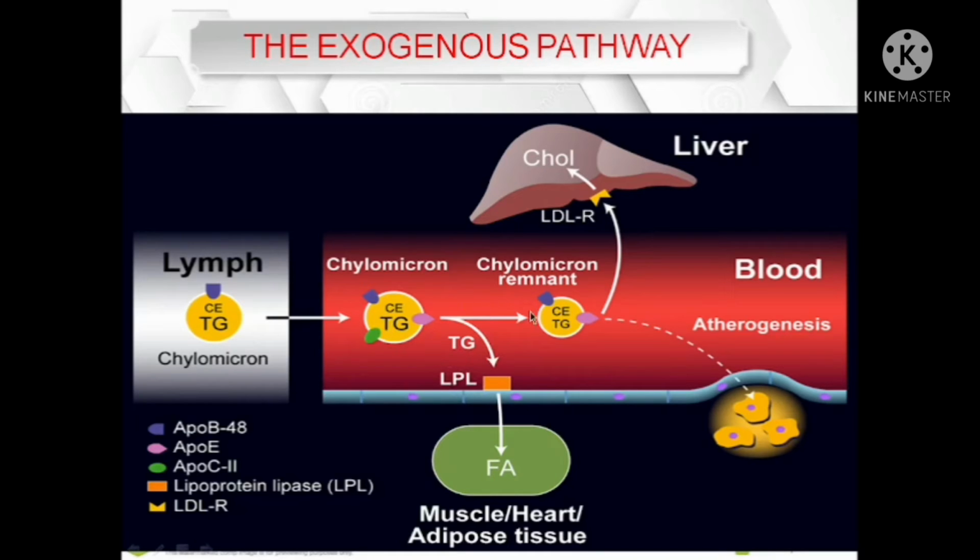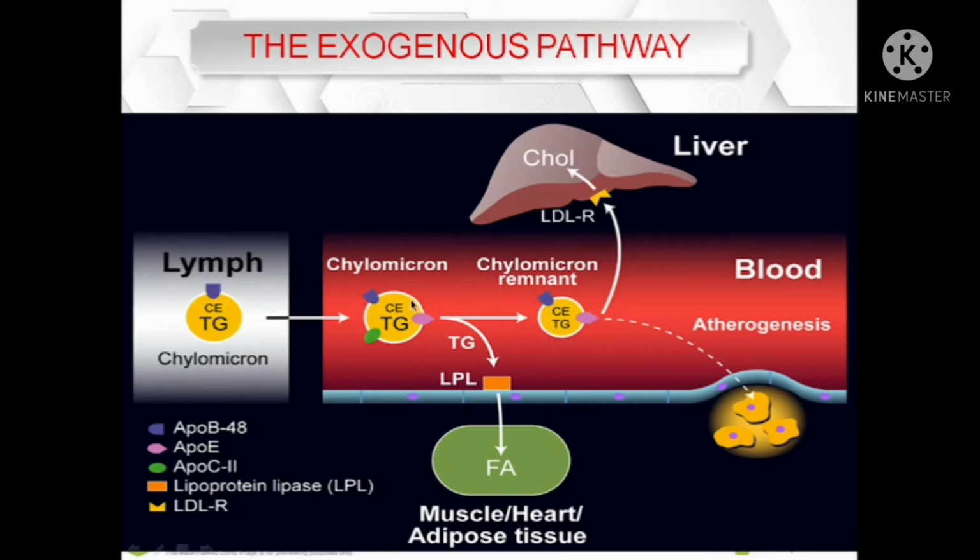So there will be exchange between chylomicron and HDL. HDL will say, my friend, you don't have ApoC2, come on, you need it, give me ApoA1. I shouldn't be empty.